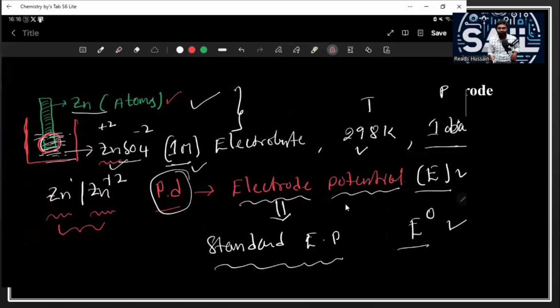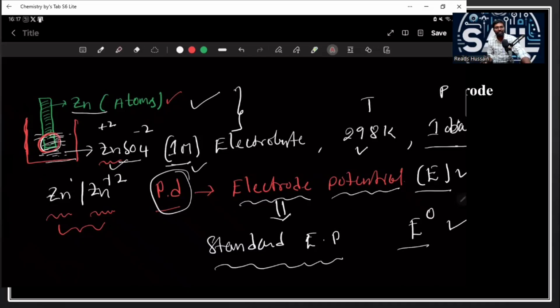That means the electrode potential of a cell depends on two factors. What are those factors? One is the concentration of the solution and the other is the temperature of the electrolyte, the temperature of the cell in which this process is taking place. Getting the point?